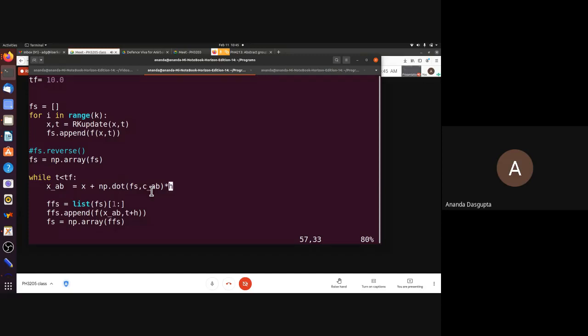One is called fs, which is the derivatives, and another is called cabs, which are the coefficients you need. So you just take the coefficients, you dot that with the fs. That means you are essentially doing the c1 f1 plus c2 f2 plus c3 f3 thing. You multiply that by h, add it to x, you get your Adams-Bashforth estimate.